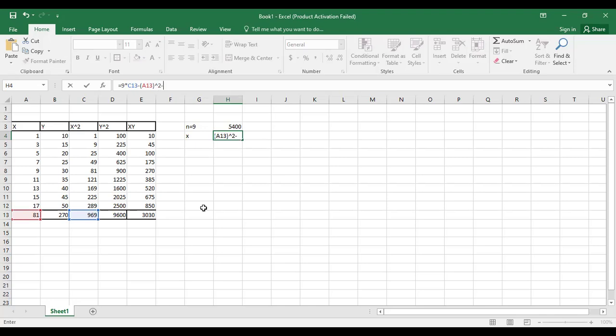Then that's done. For y, it is n multiplied by the summation of y squared, which is this, minus the summation of y, but it must be squared.